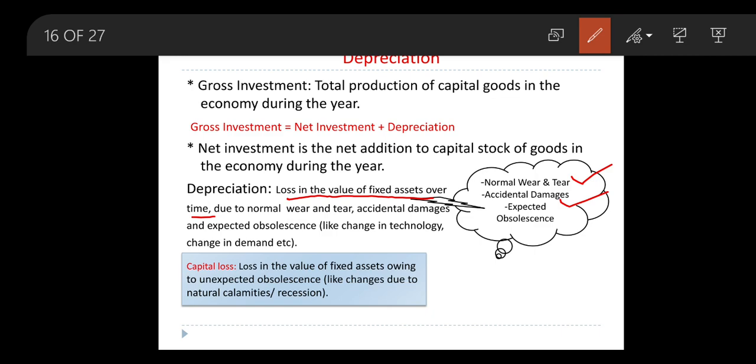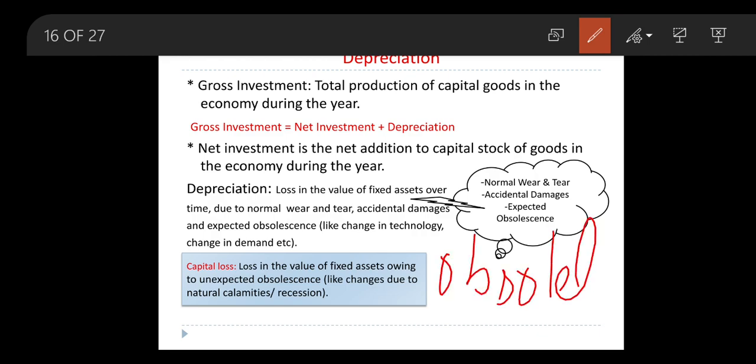The last one, third one, expected obsolescence. Obsolescence comes from the word obsolete, which means outdated.